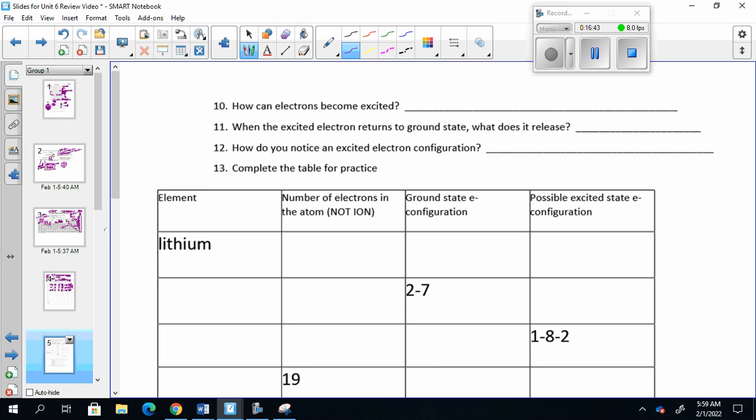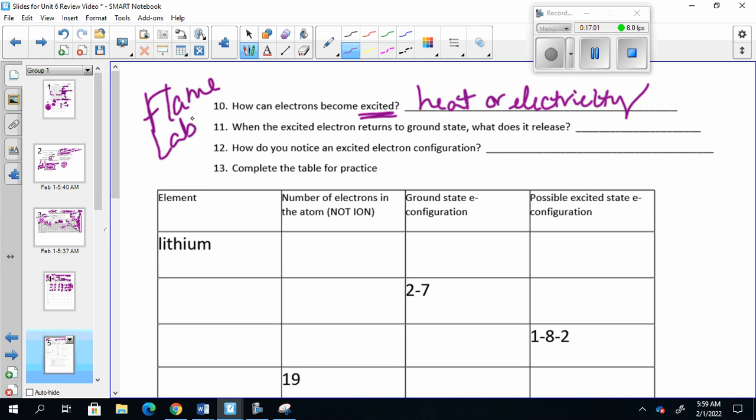Okay, so how can electrons become excited? To become excited, they need either heat or electricity. We did this when we did our flame lab. So when the excited electron returns to ground state, what does it release?